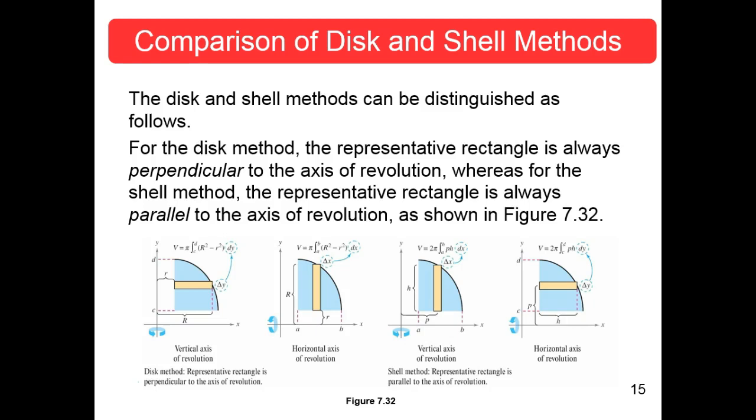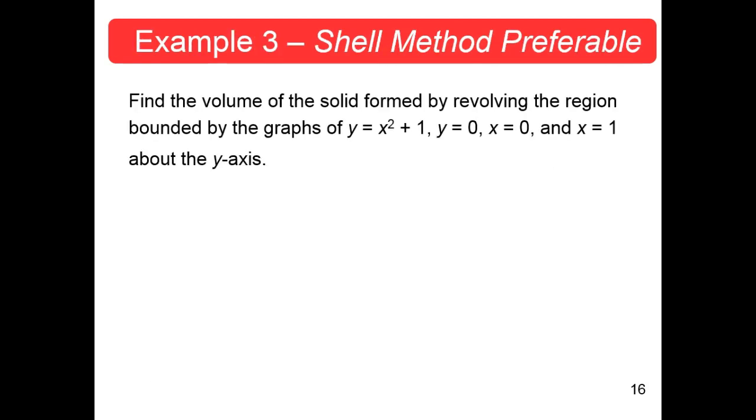If you can't, do disk, and then do your dx's here. If you can get this easily in terms of y, do shell. If you can't, the thing is, can you get the circumference in terms of y, especially the height in terms of y? Are the radii in terms of the x's, or the radii in terms of y? If you can, go with the method that fits. If they're equal, choose whichever one you want.